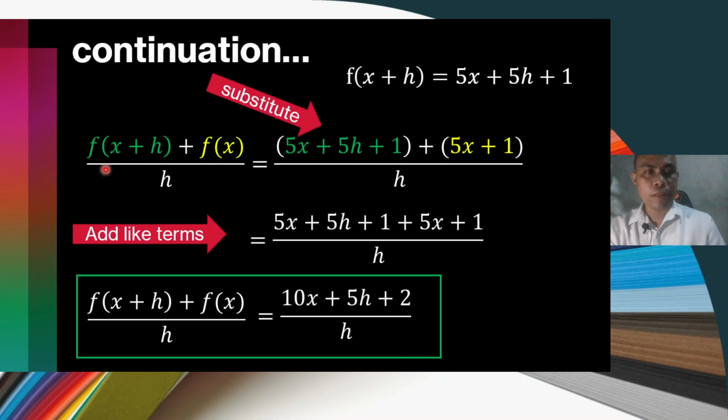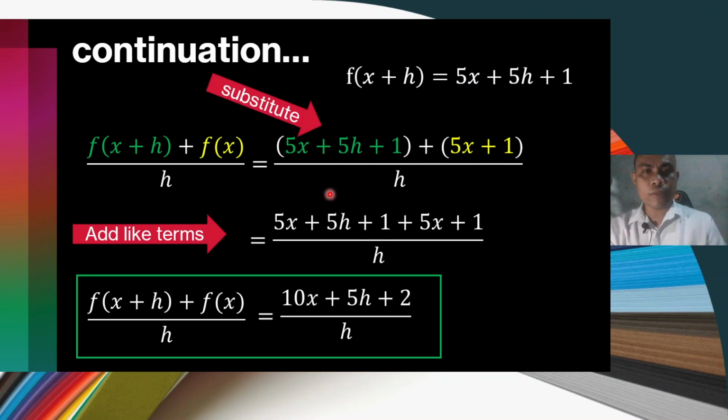So look, I used different colors, green and yellow, so it's easier for you to see the values we substituted. The function of x plus h is the one in green. The function of x, which is already given in our problem, is this one. Then, just copy the h. There's no value for it. So, just copy it.